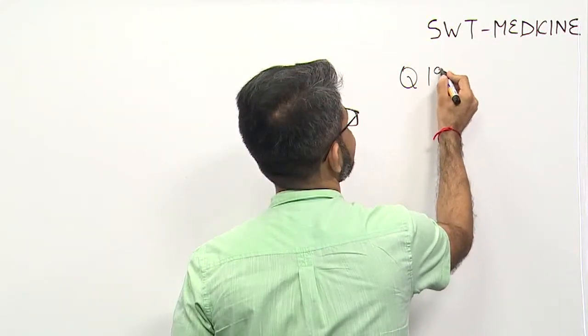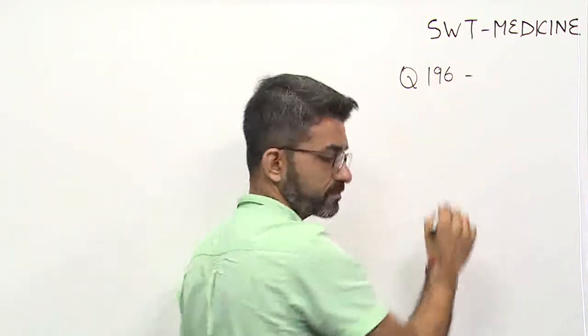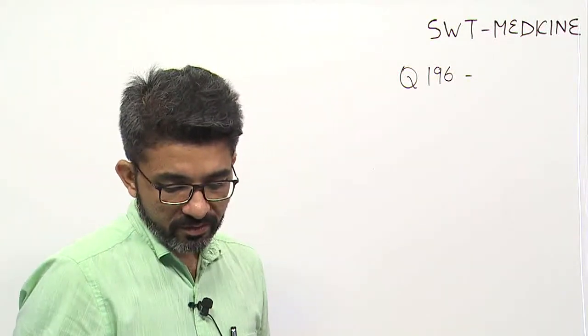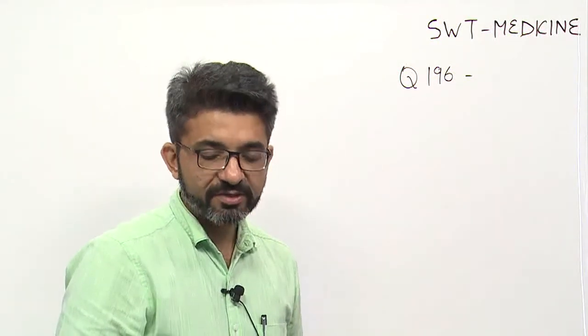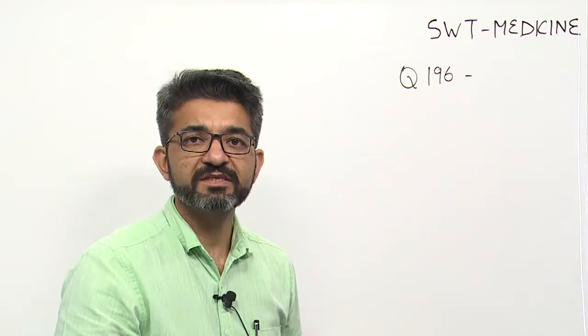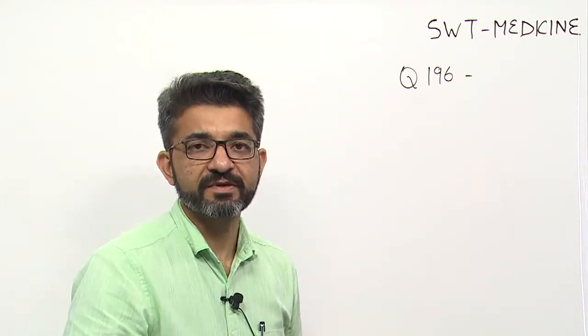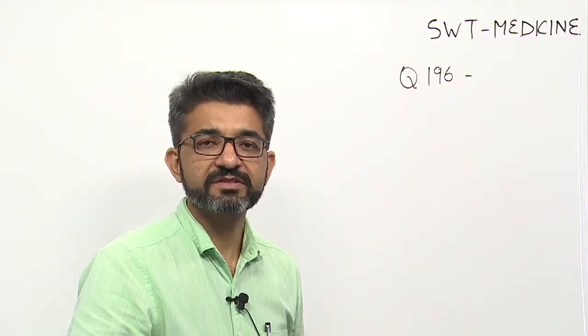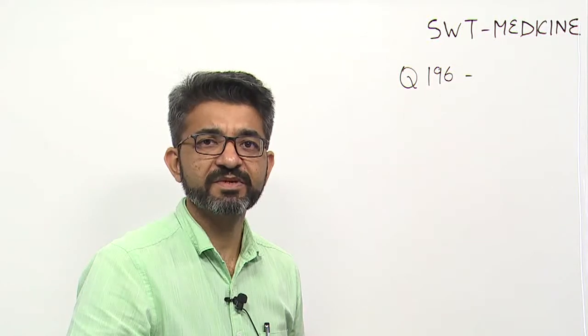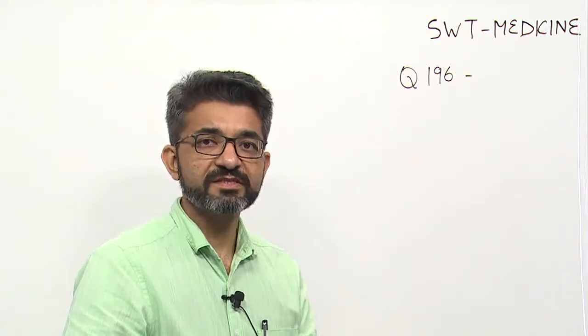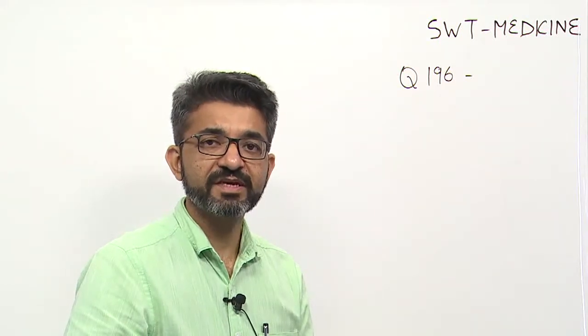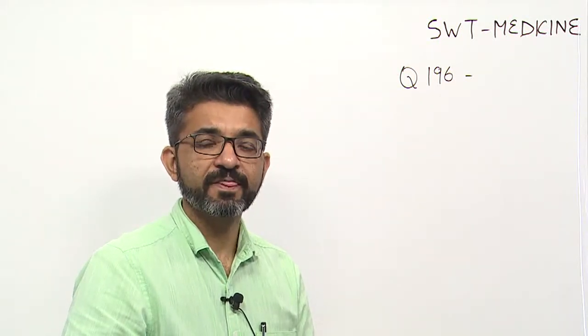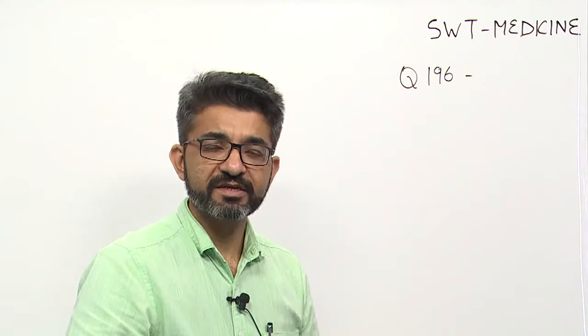Question number 196. Which of the following features of stroke need not be treated? See, spasticity occurs after some time, and in books it is written that spasticity gives the patient confidence to move around. With flaccidity, he probably will be unable to balance his body in a proper way to conduct his day-to-day activities.